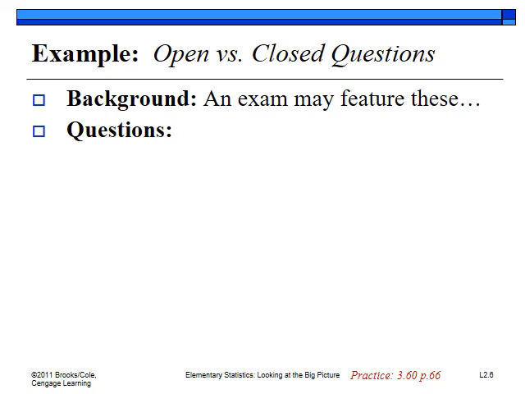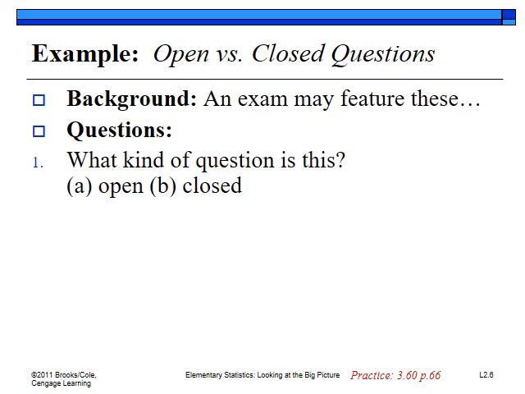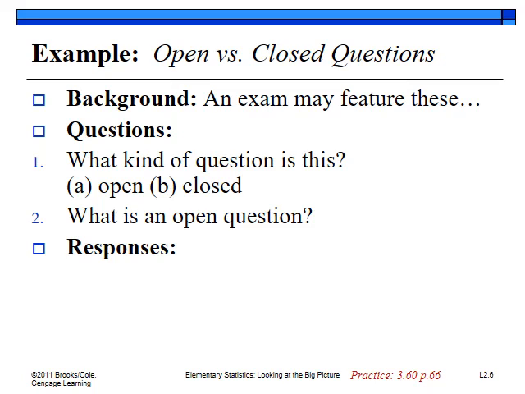So imagine seeing this on an exam. What kind of question is this? A, open, B, closed. And the second question, what is an open question? Well, in order to answer these, we need a definition. So first, an open question is a question that allows any possible response.